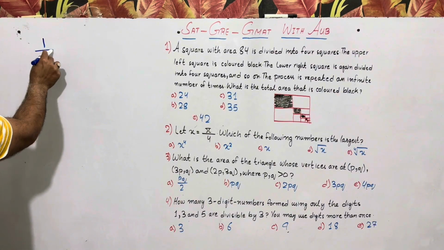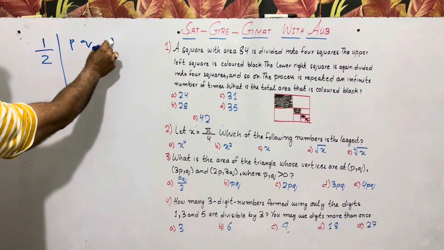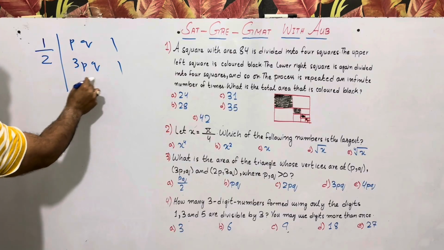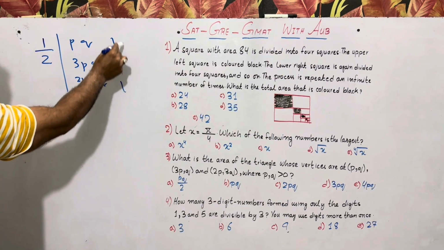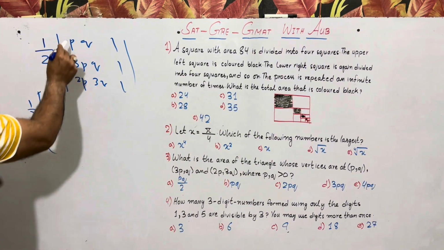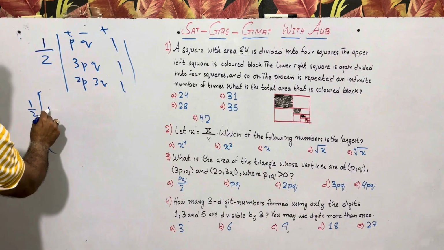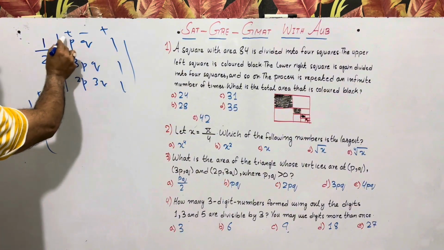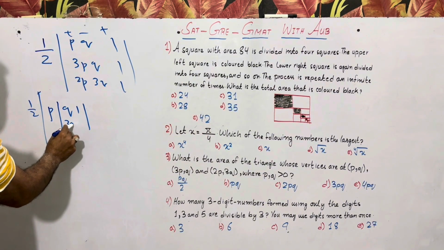Its area is given by 1 over 2, for half, times the determinant. Taking the coordinates p, q, 1, the second row is 3p, q, 1, and the next one is 2p, 3q, 1. Expanding this, keeping 1 over 2 intact, taking p as positive according to the Laplace expansion, deleting the first row and first column, we have a tiny 2 by 2 determinant, q 1, 3q 1.